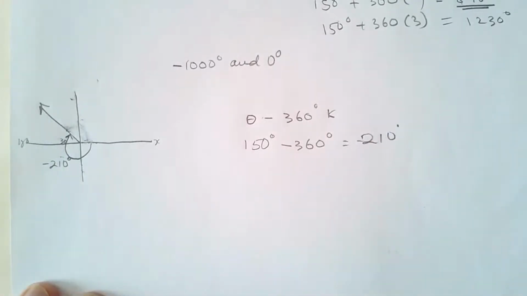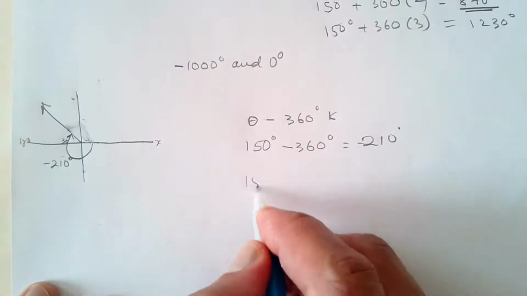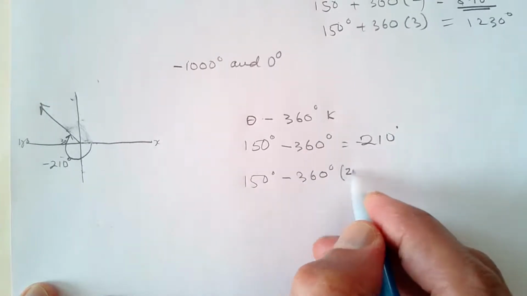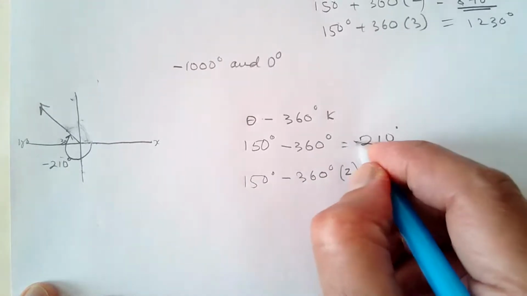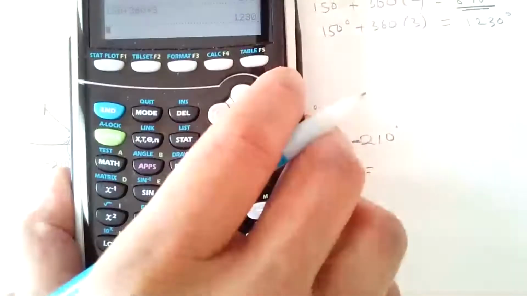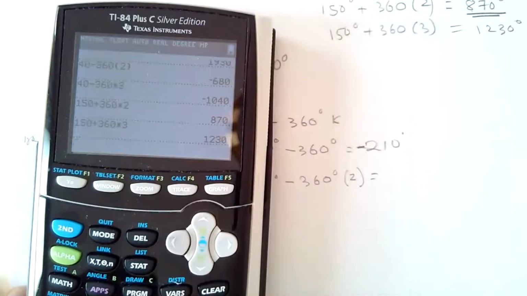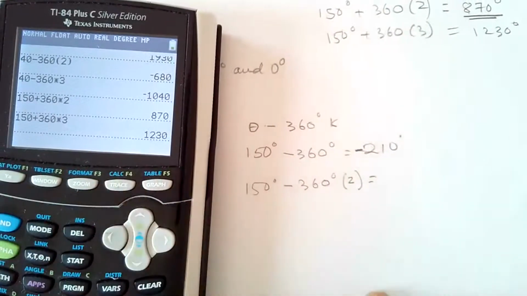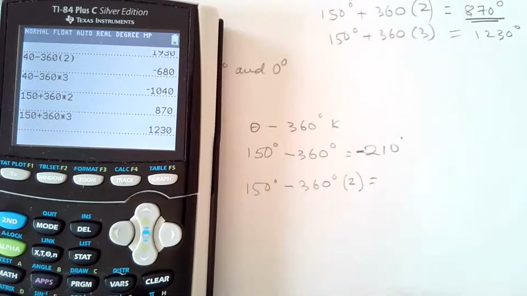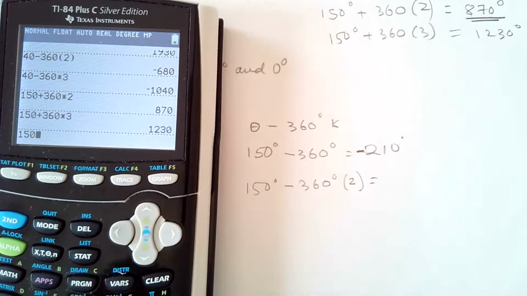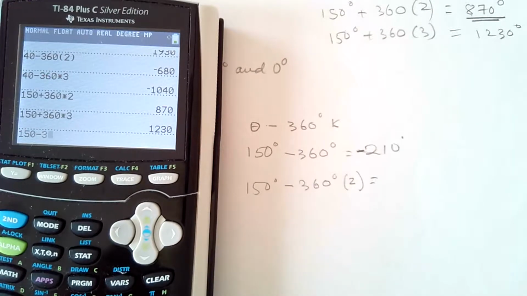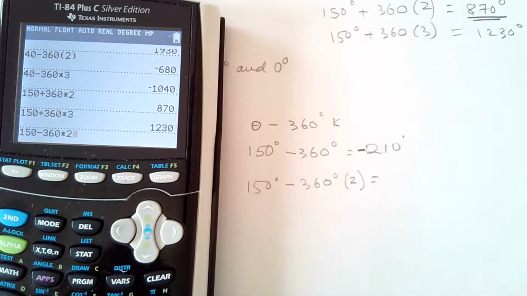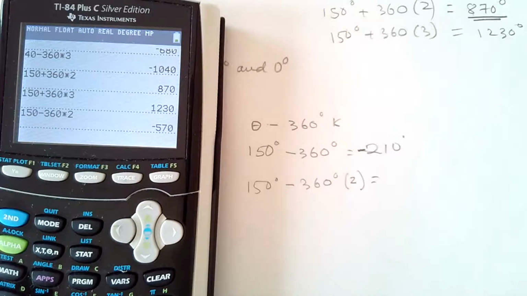Next is 150 degrees minus 360 degrees times 2, which is negative 570.